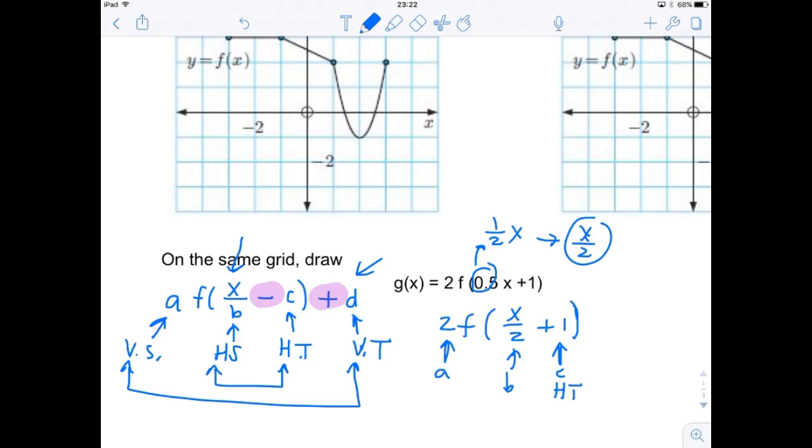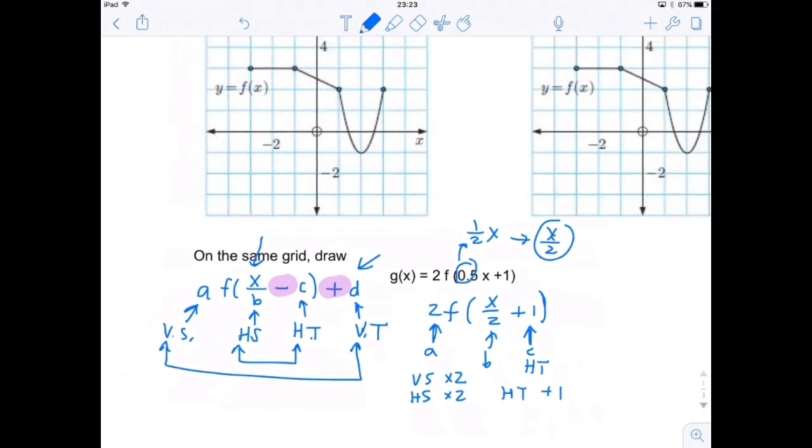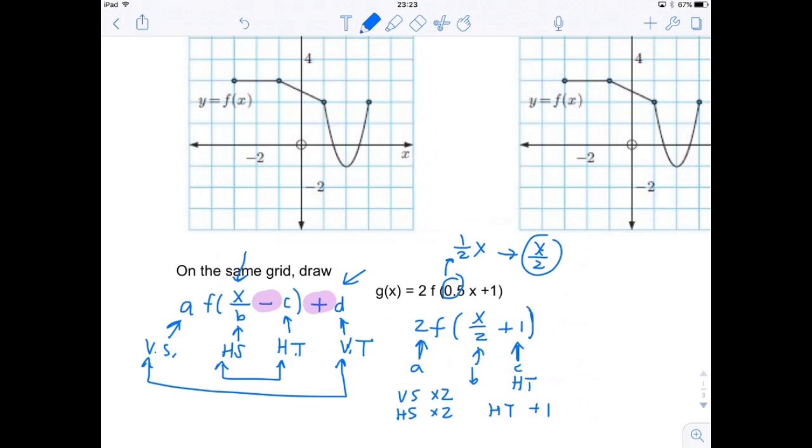So I know that the vertical stretch is 2 and the horizontal stretch is 2, and that the horizontal translation is 1 to the right, so I can easily modify this drawing so that it becomes a transformed version of the drawing.